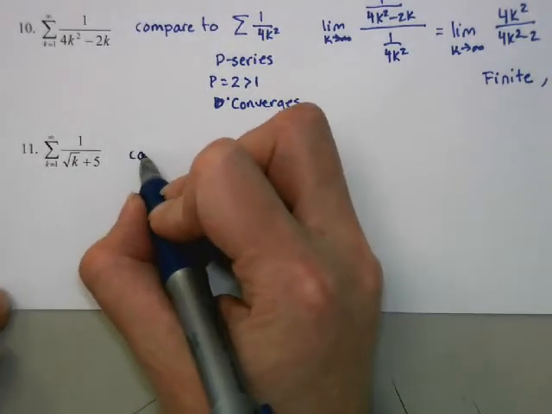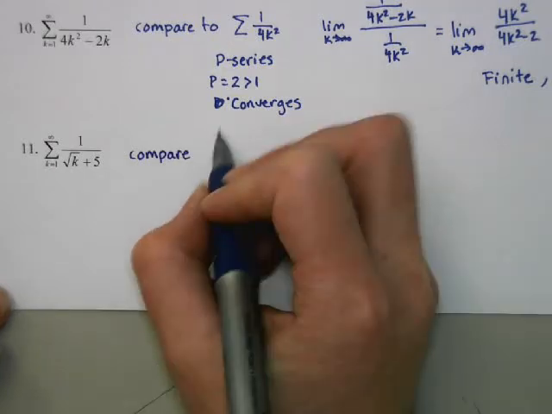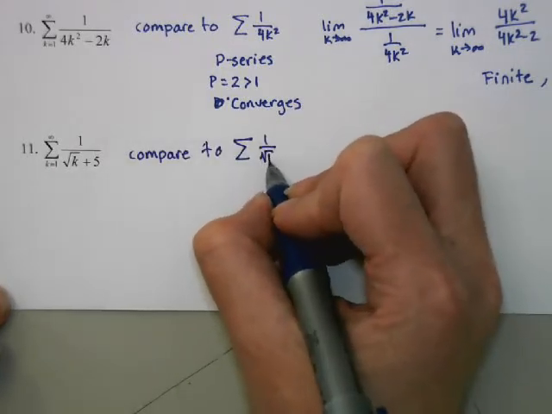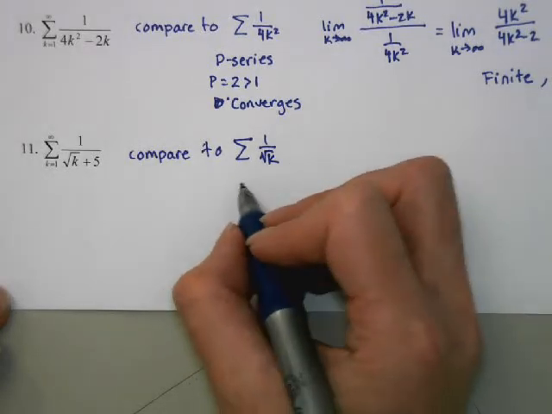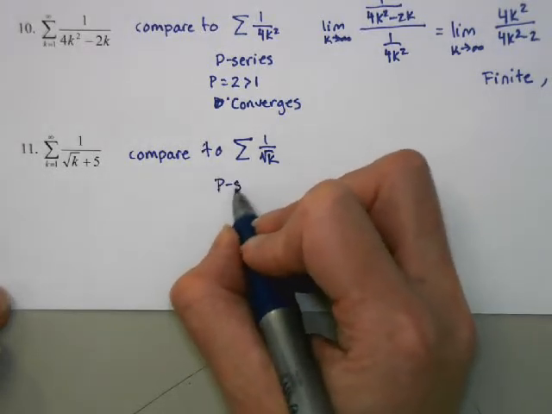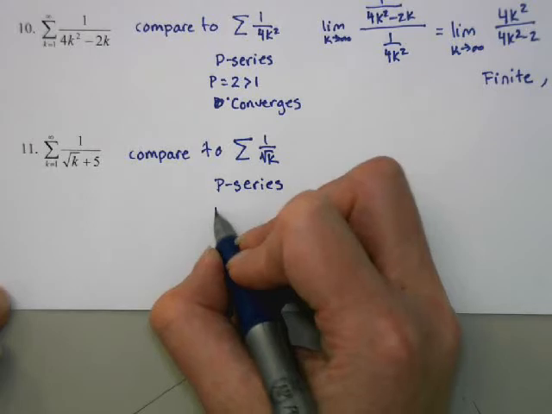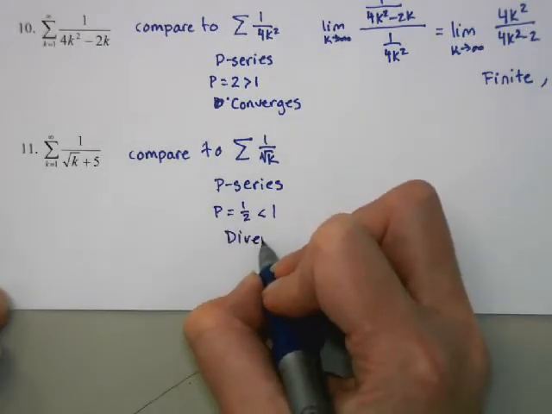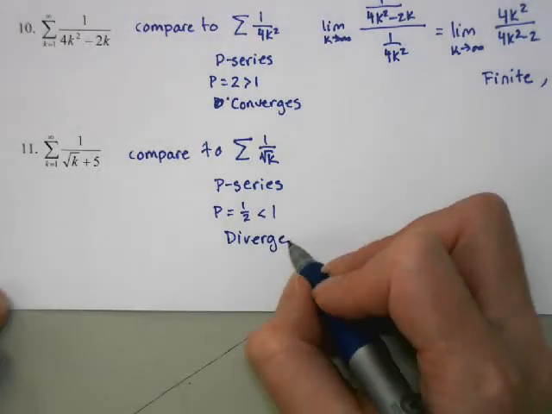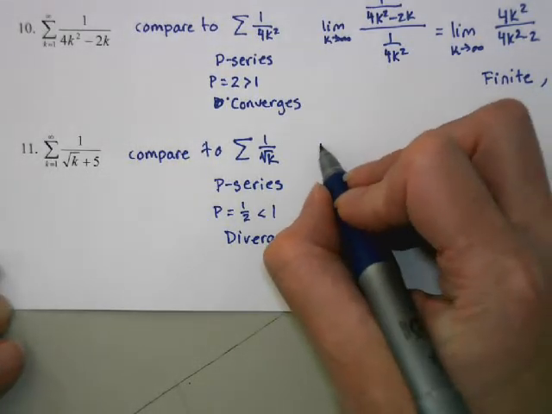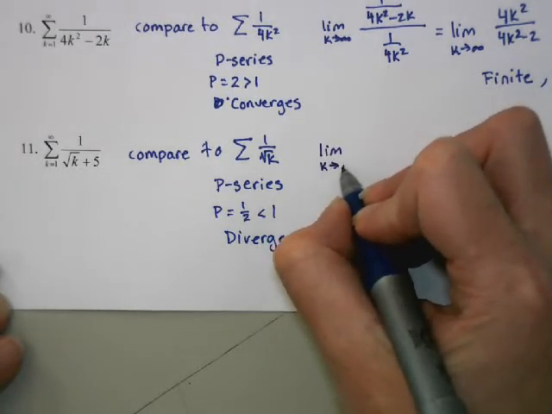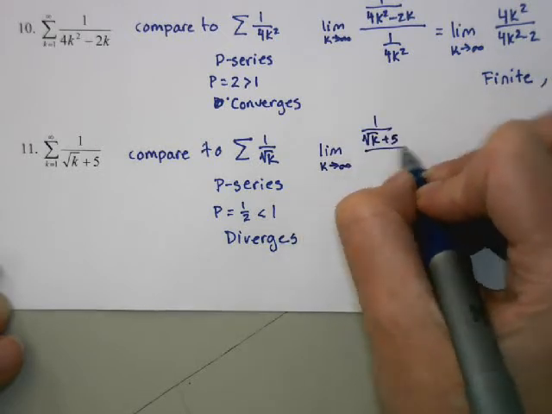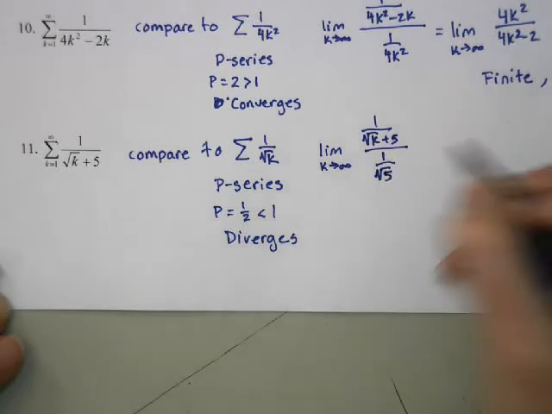So let's do the same thing here. Just like before, we're going to compare this to 1 over root k. So this is a p-series with p equaling 1/2, which is less than 1, so the series diverges. Now with the limit, we're going to take the limit as k goes to infinity of 1 over root k plus 5 over 1 over root k.